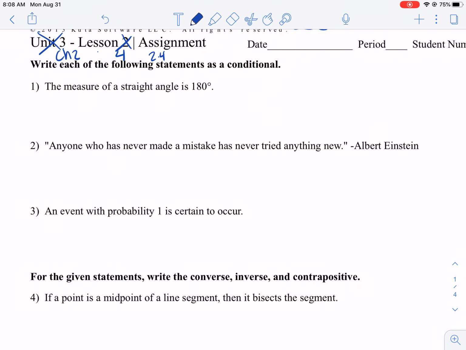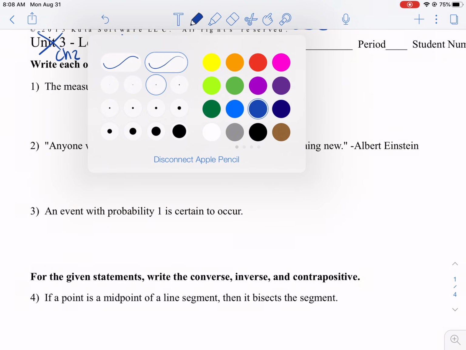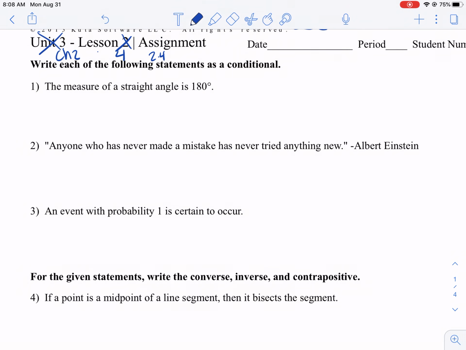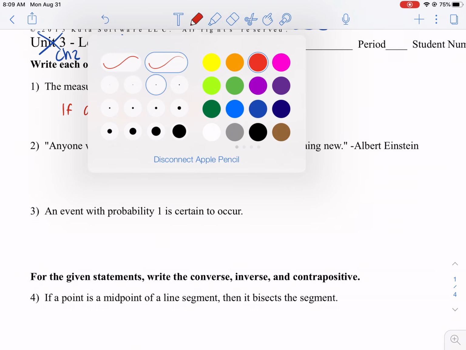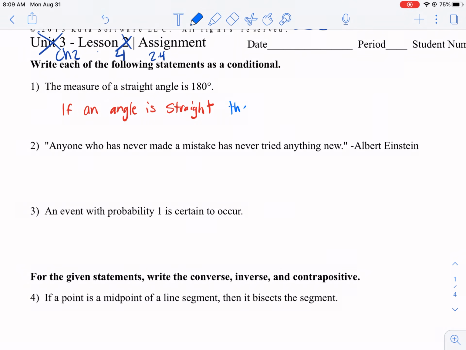Now, when you're dealing with these types of problems and you want to write them as conditionals, you can add a few words, and it really doesn't matter which one you consider the hypothesis or conclusion. So we'll just go ahead and say, if an angle is straight, then it measures 180 degrees.